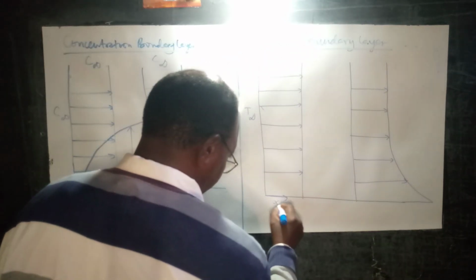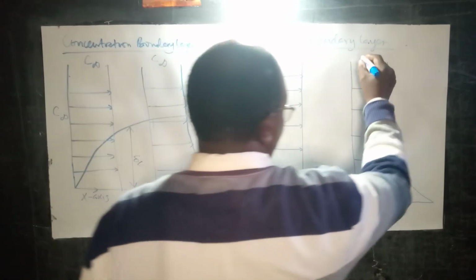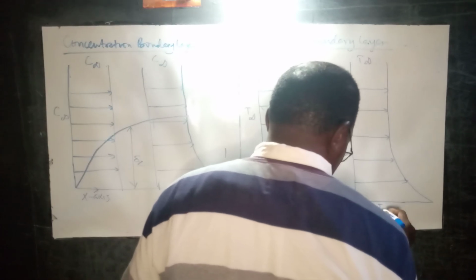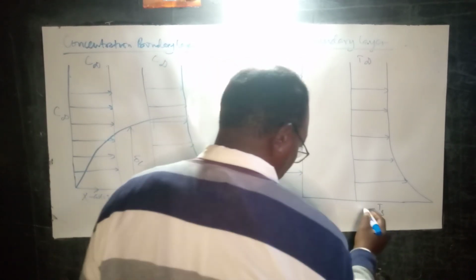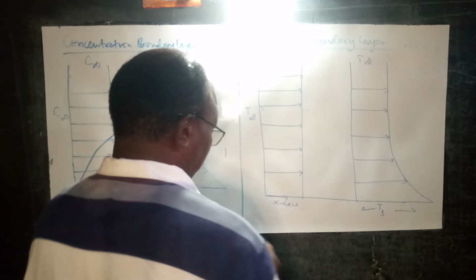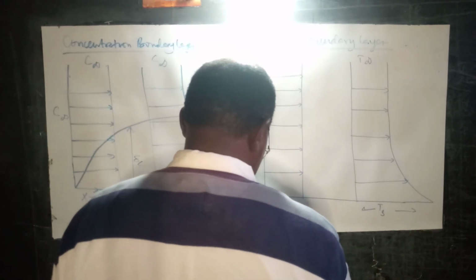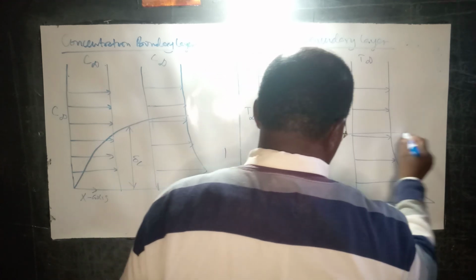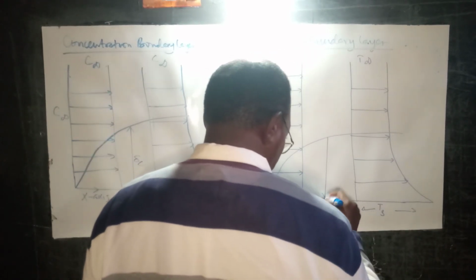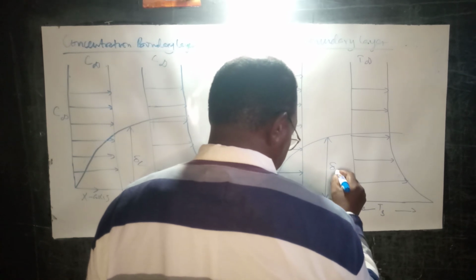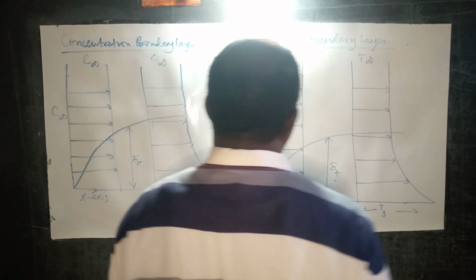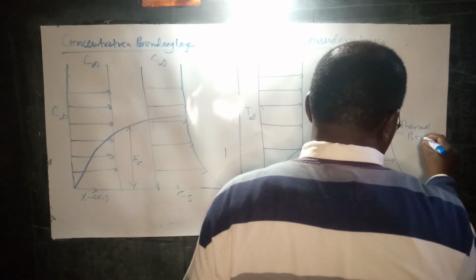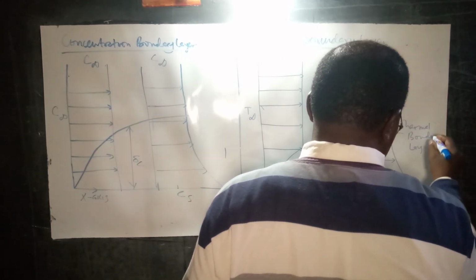That's our x-axis. So, there we are. This will be sigma, the thickness of the thermal boundary layer.